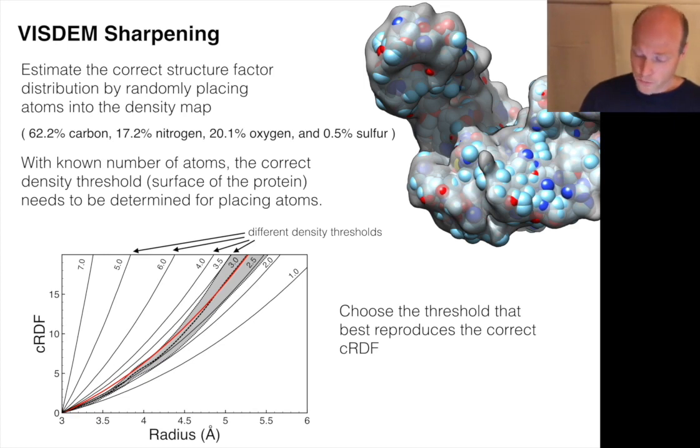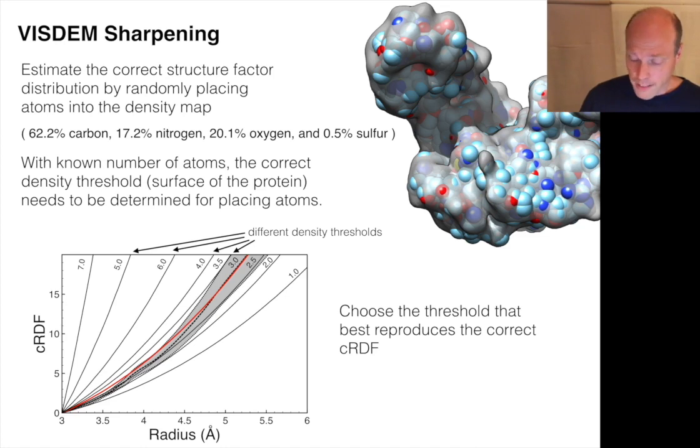So now the first thing that we have to determine is the density threshold. So we assume that we know the number of atoms. Typically you know the molecular weight of your protein, so you know how many atoms you need to place. What we have to determine is the density threshold, which basically determines the surface of your protein. And this is done within VISDEM.